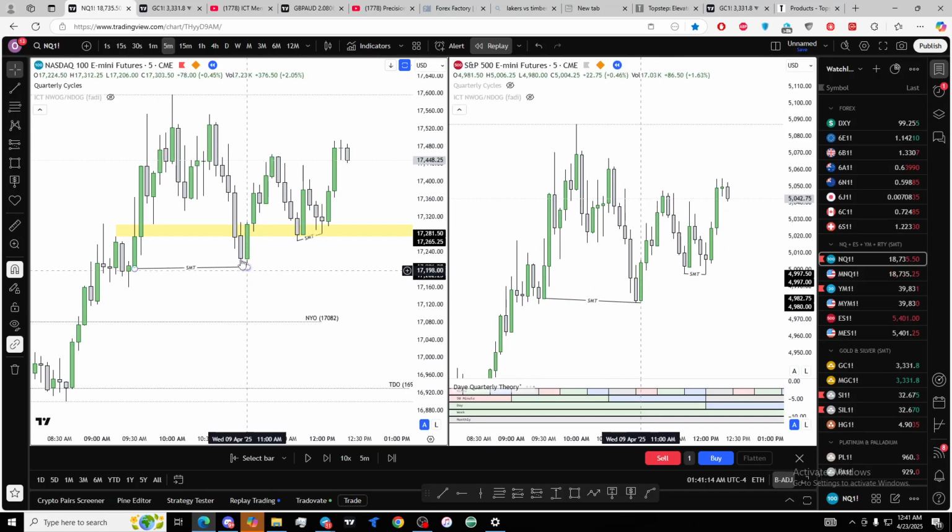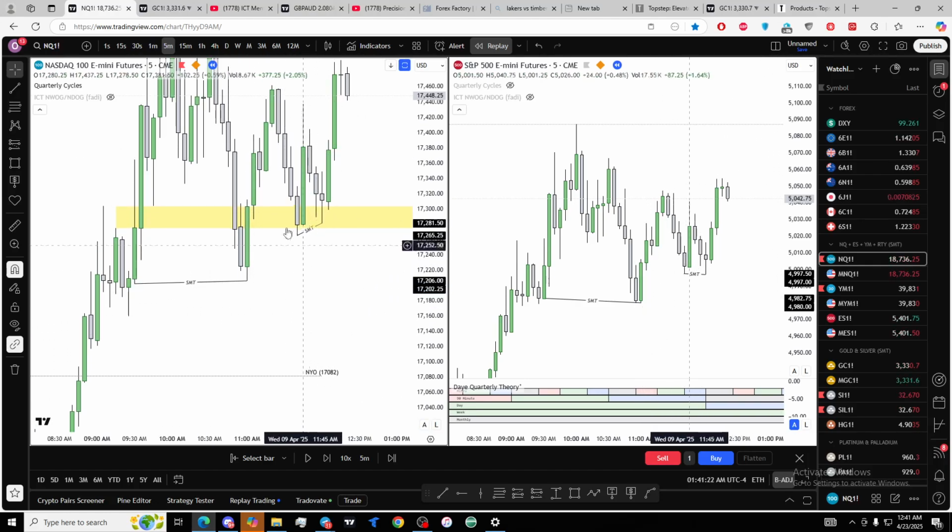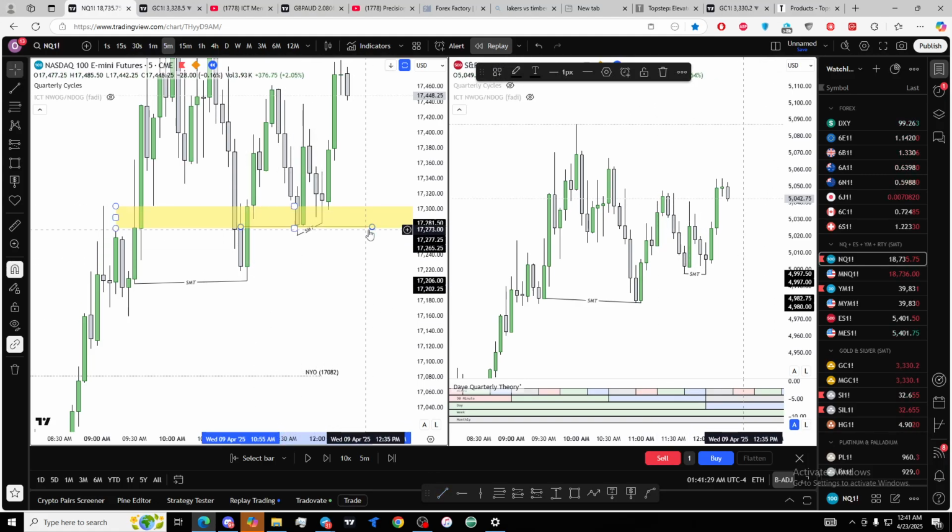So I went to the 5 minute and I saw that this up candle closed above this order block. So I was like, you know what? I want to get a change of state with this 5-minute order block.